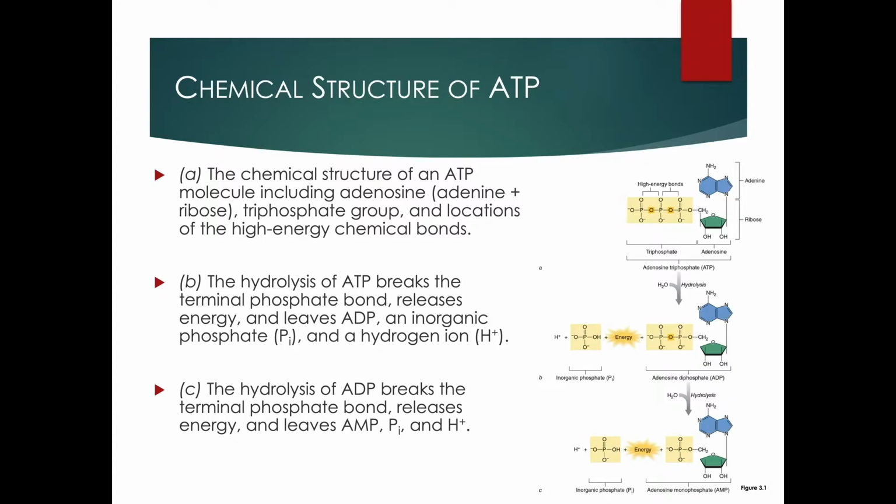And the hydrolysis of ADP breaks the terminal phosphate bond, releases energy, and leaves AMP, phosphate, and hydrogen. So adenosine monophosphate. That's the flow, the structure of ATP through all of that. It's just that breaking apart, the release of that phosphate, and then you see energy.